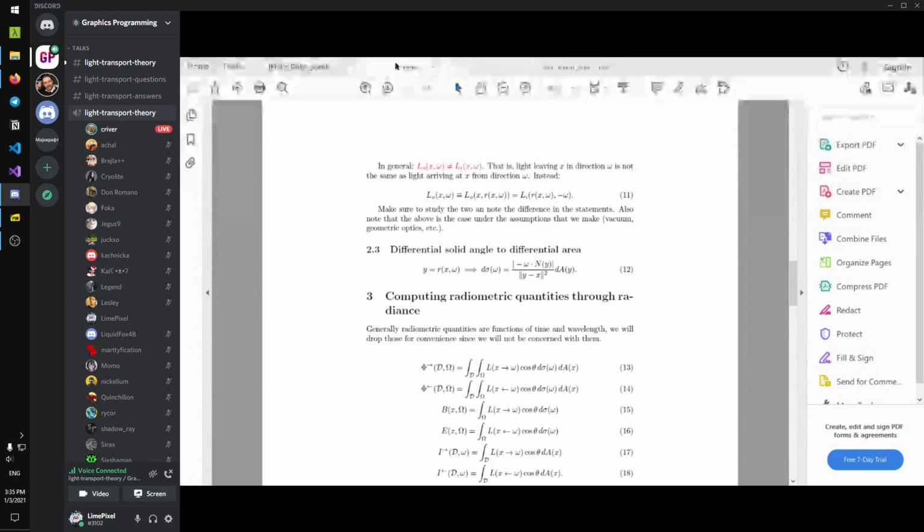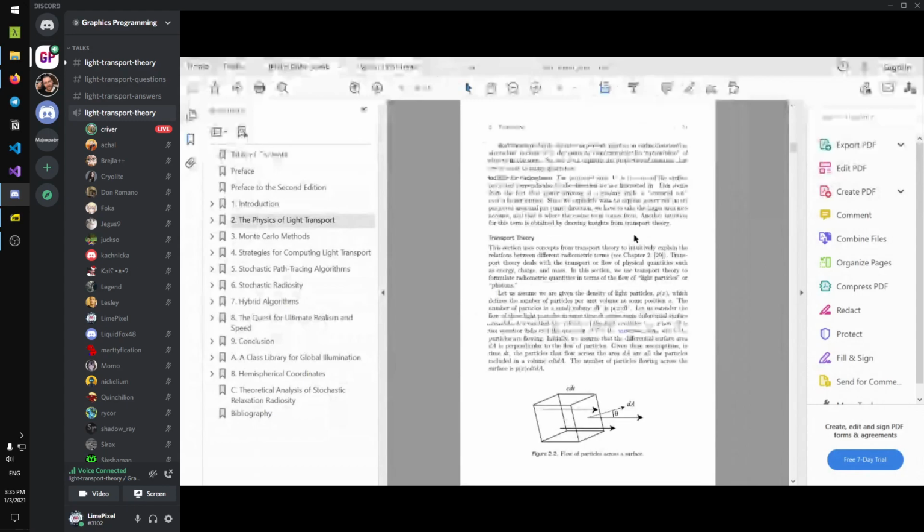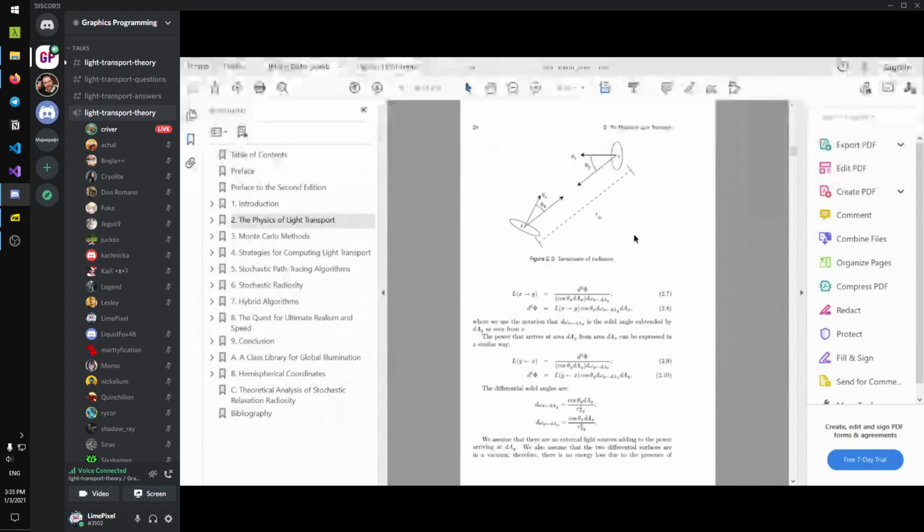I think they have a nice drawing for this thing in the book. Okay, yeah, here you have it. So let's say I shoot from X a ray in direction Y, it hits Y here, and I want to know what's the correspondence of the differential solid angle and what you have for area here.